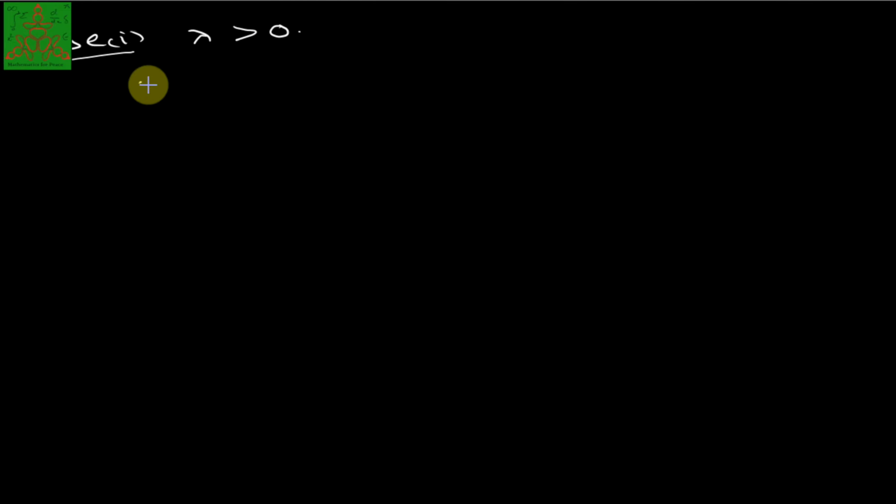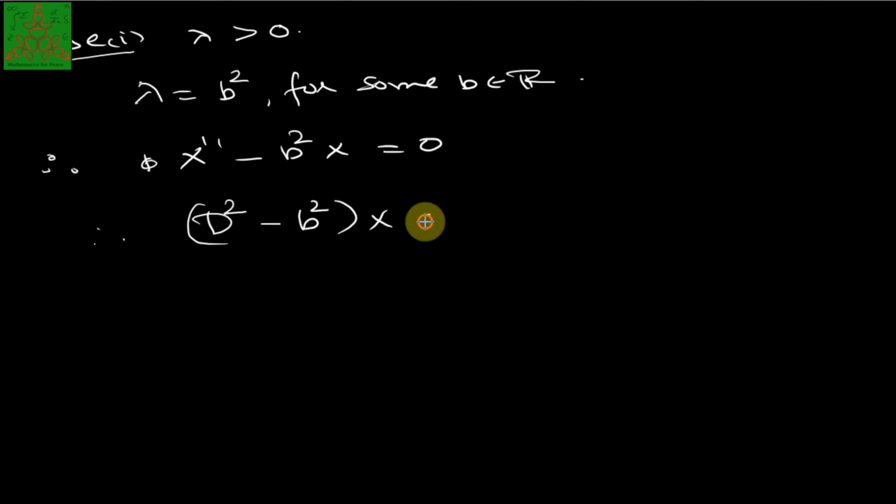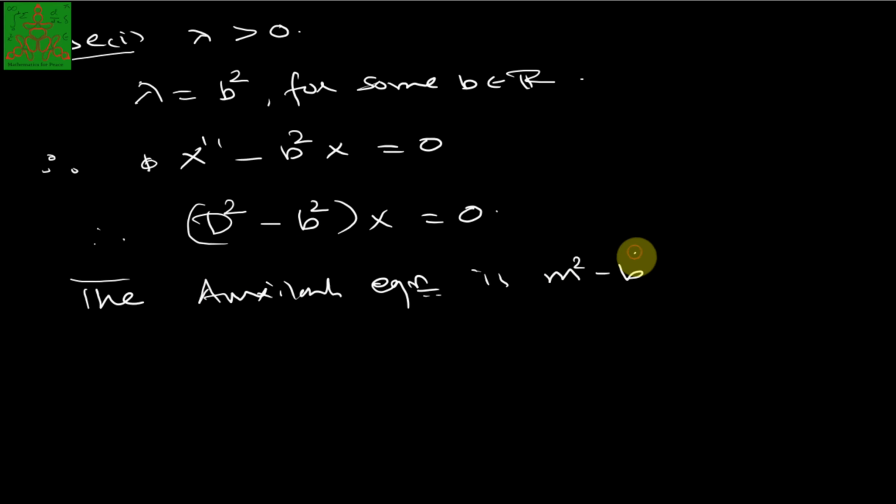If lambda is greater than 0, we take lambda equal to b square for some b belonging to R. Therefore, we have x double dash minus b square x is equal to 0, which gives d square minus b square of x is equal to 0. This is an ordinary differential equation of second order, so the auxiliary equation is m square minus b square is equal to 0.